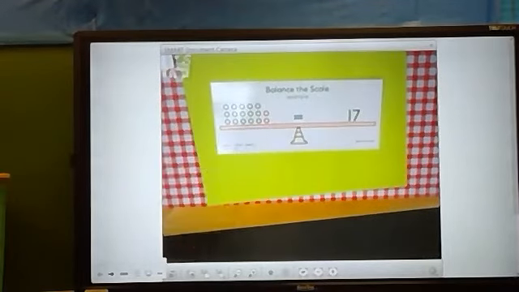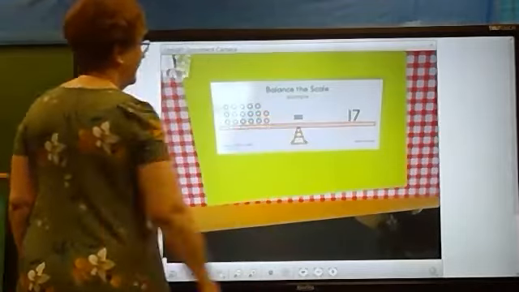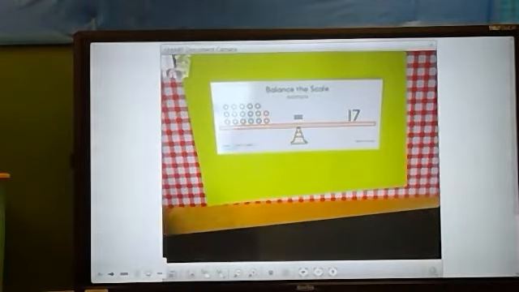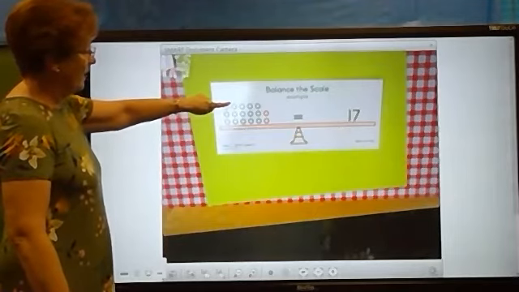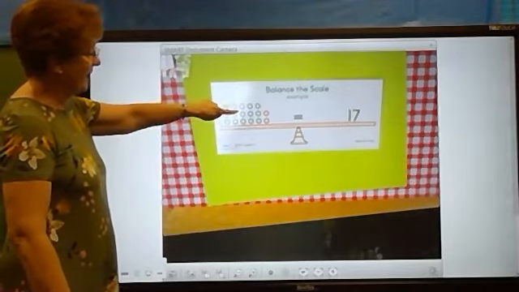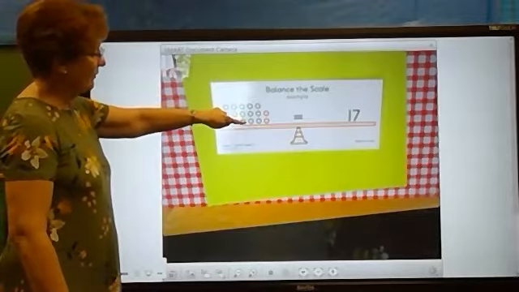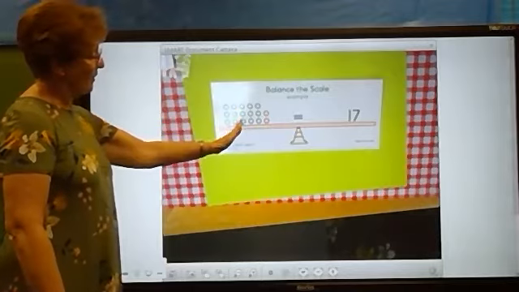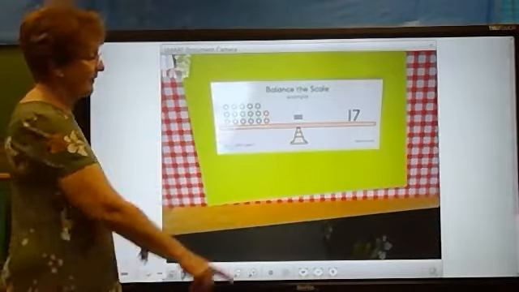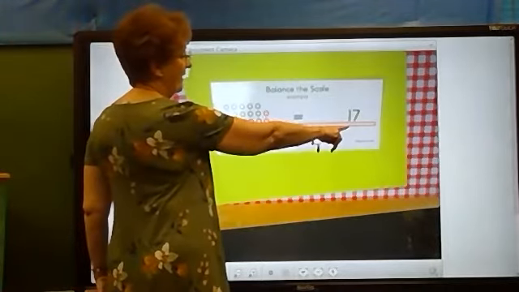On this side of the scale is the number 17. When I count these dots, the blue ones, 1, 2, 3, 4, 5, 6, 7, 8, 9, 10, 11, 12, 13, 14, 15. So originally I had 15 on this side and 17 on this side.